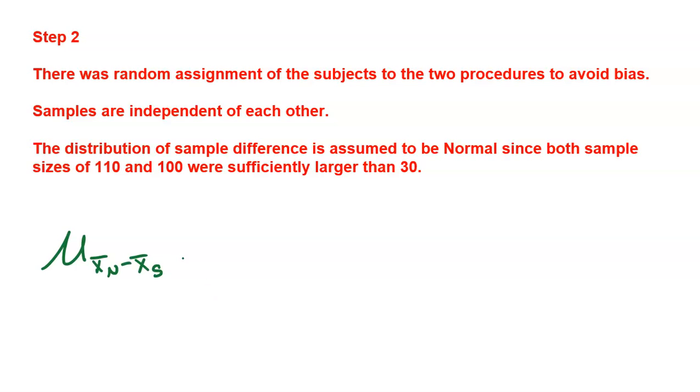Well, I have to assume the null is true, which means that if there is 0 difference between them, they are in fact equal, then that would give me a mean of 0. So I would assume that the center of my sampling distribution, if there is no difference between these 2 procedures, would be a 0.